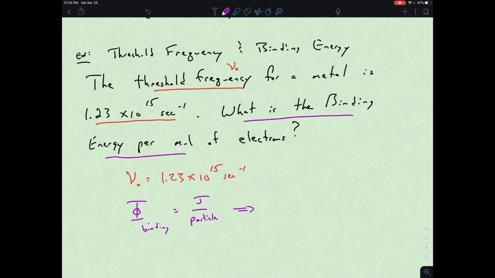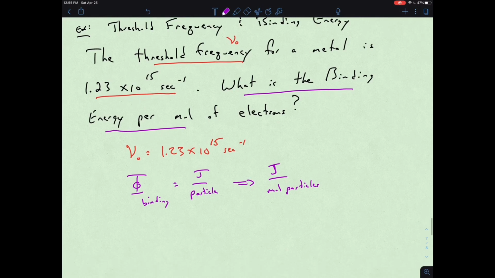So we would have to do another step to get to joules per mole of particles. So we really have two steps in order to go through this process. The first step would be just to plug into our equation of binding energy, which is Planck's constant times our threshold frequency. And then the second step would be to do the conversion that we need to do.